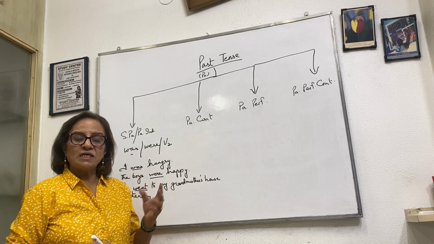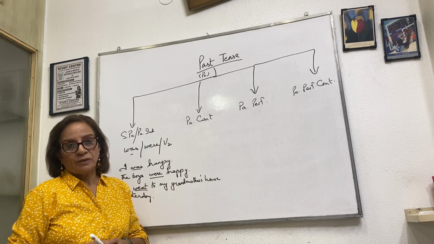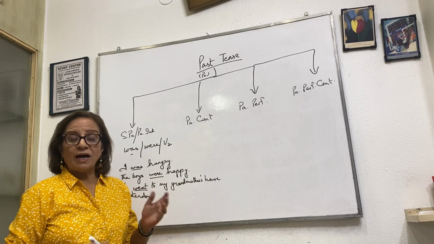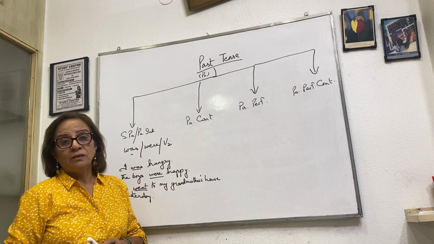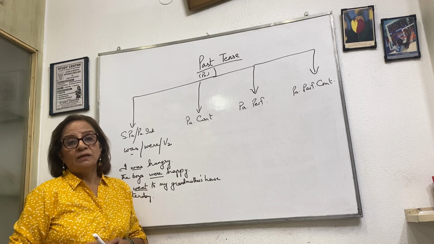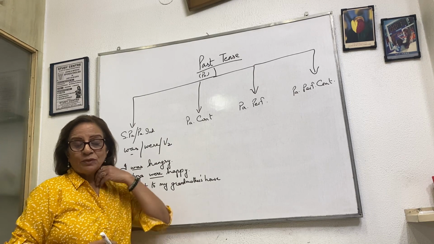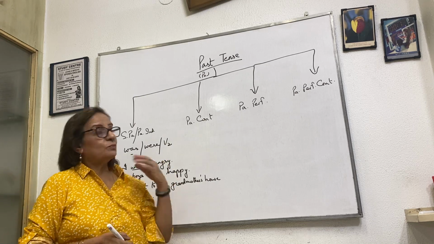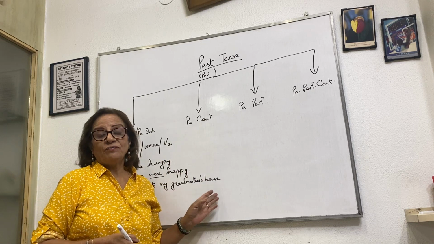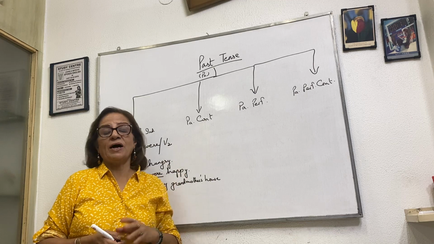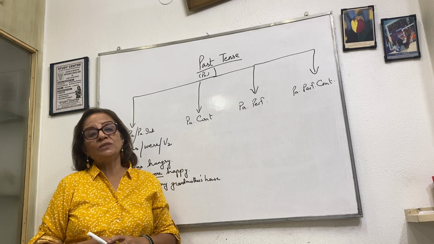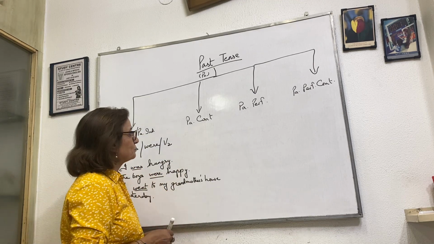See, I'm using the past form, the verb in the second form. Okay, I bought a shirt. Buy, bought. I bought a shirt. My father brought me a cycle. Okay, so we use the second form of the verb. We're talking about an action which is done in the past. We use simple past. Okay.